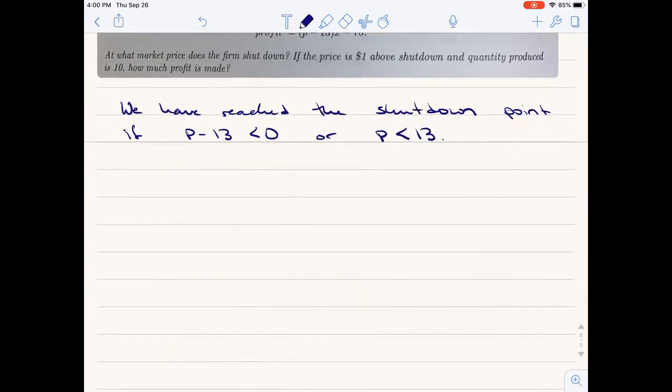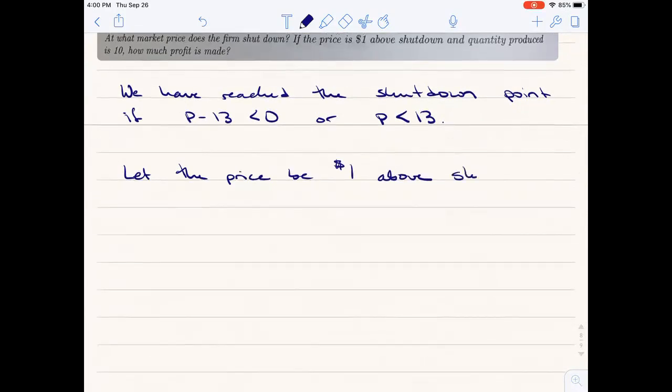And so now, let the price be $1 above shutdown, and let X be 10 to find the profit.